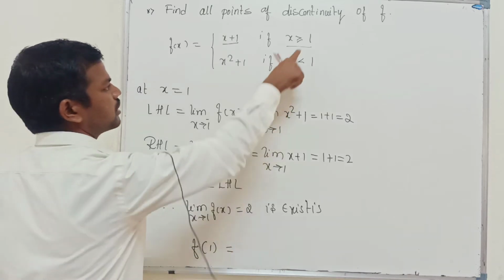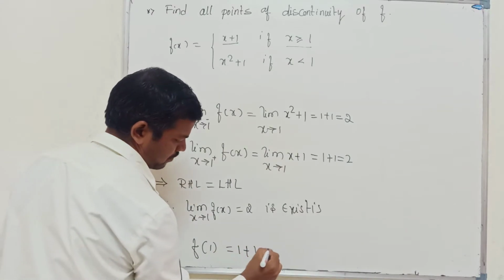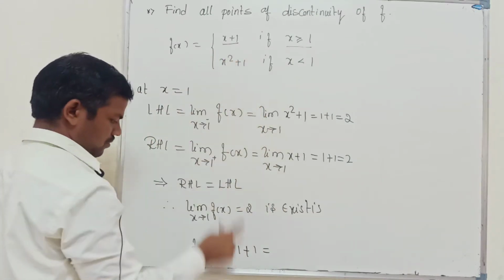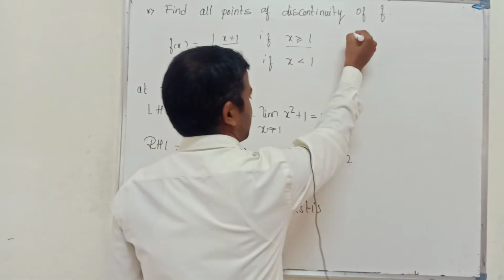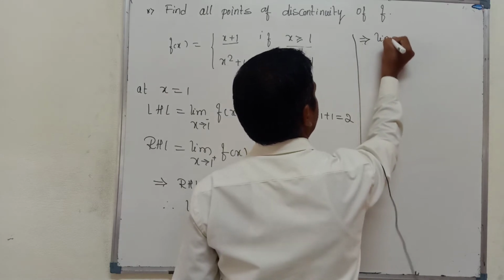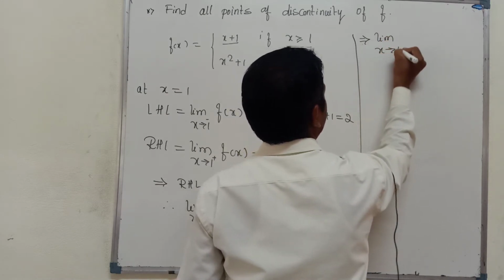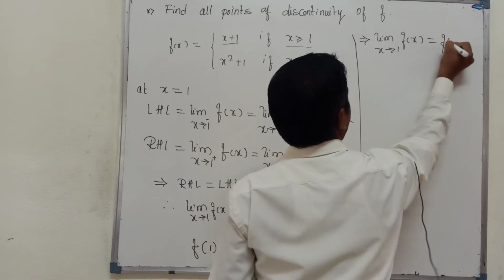Then we find the value of the function, f of 1. f of 1 means at x equal to 1 we have x plus 1, so 1 plus 1, that is 2. So it implies that the limit as x tends to 1 of f of x is equal to f of 1.